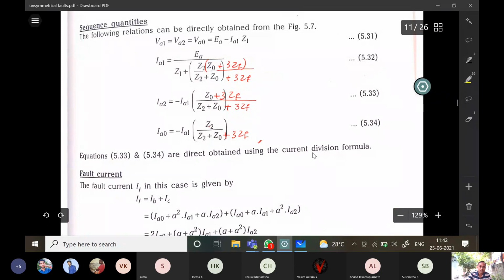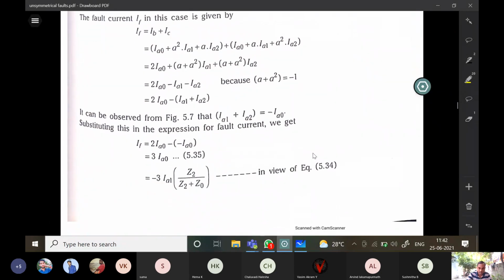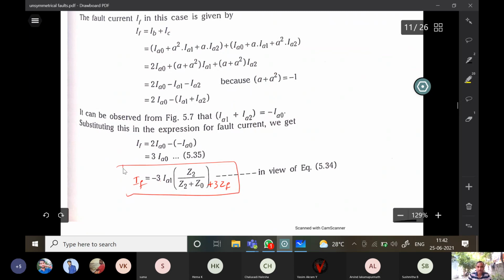Coming to the fault current expression, everything will be the same. Minus 3 into IA1 into Z2 divided by Z2 plus Z0 plus 3 times of ZF. So this is the modification for fault current. The remaining things will remain the same.